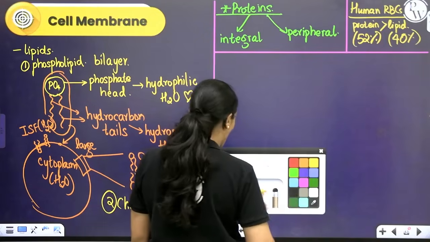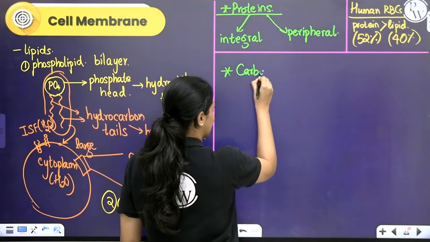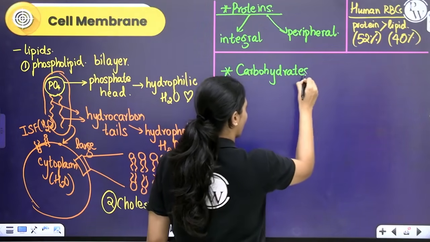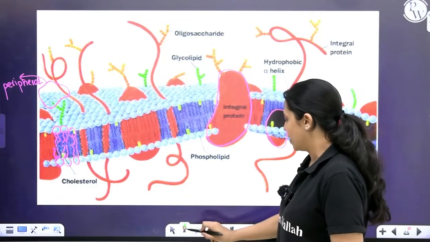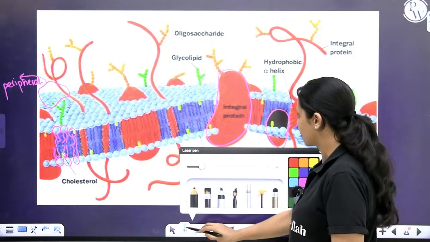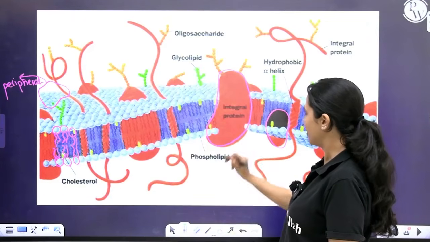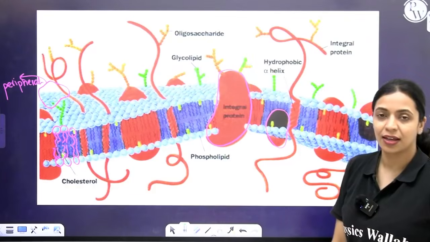Apart from this, small amounts of carbohydrates are also present in the membrane. These carbohydrate chains, as you can see here, may be associated with the lipids or with the proteins.